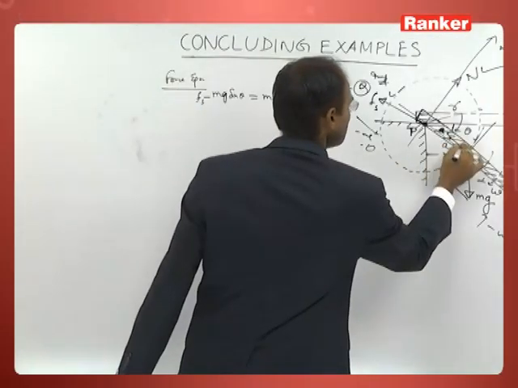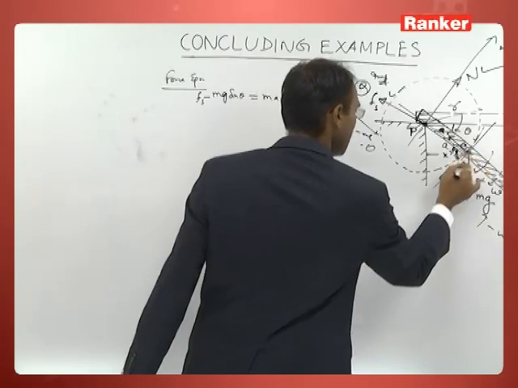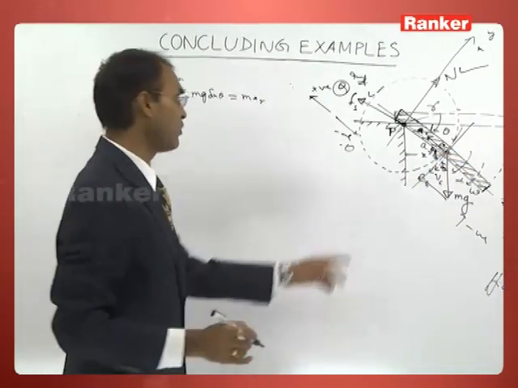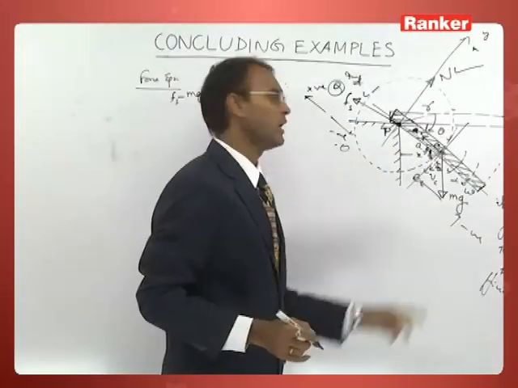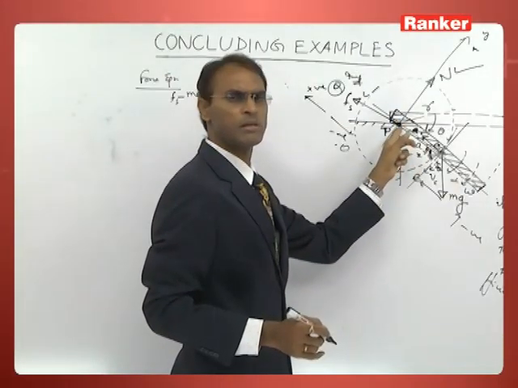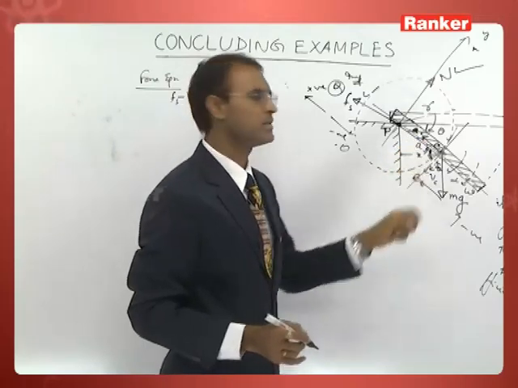I have given AR in this direction and I have taken AT in this direction. AR will obviously be towards the point P, because this point is moving in a circular path. It has to accelerate towards the center of the circular path. That's what we call radial acceleration.